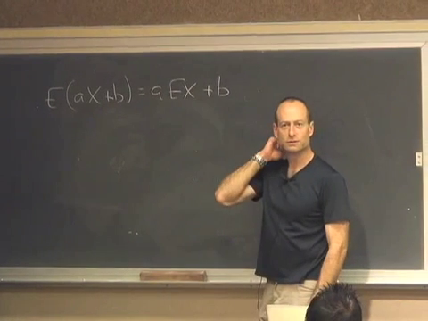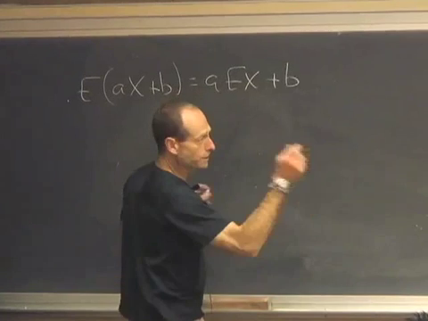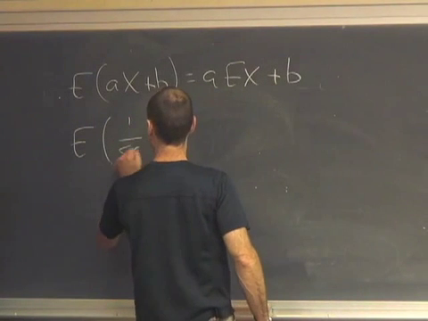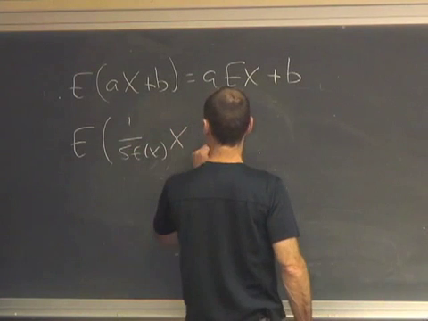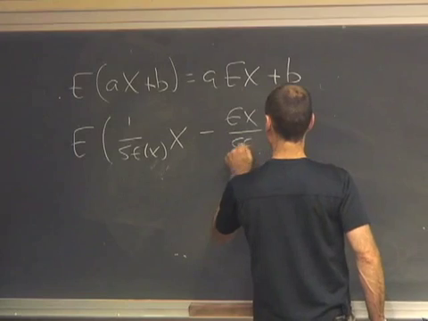That's true. So in this case, what's the expected value of 1 over SE of X times X, minus E of X over SE of X?